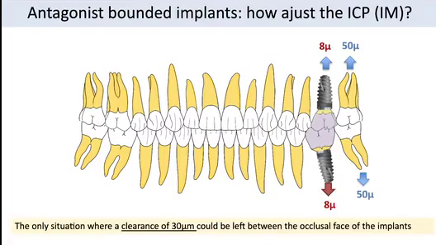And it is the only situation where a clearance of 30 microns could be left on the occlusal face of the implant. That reduces considerably the problematic of the occlusal adjustment of implants in ICP. In all other cases, you have to organize simultaneous contact on the dental arch.